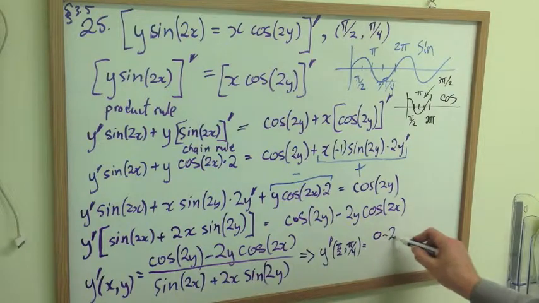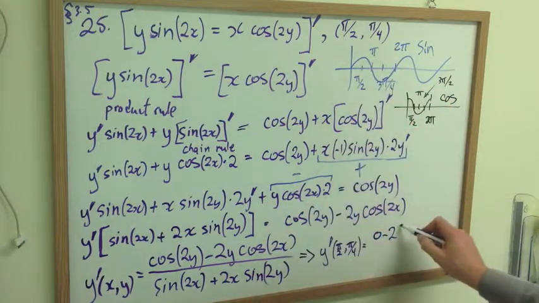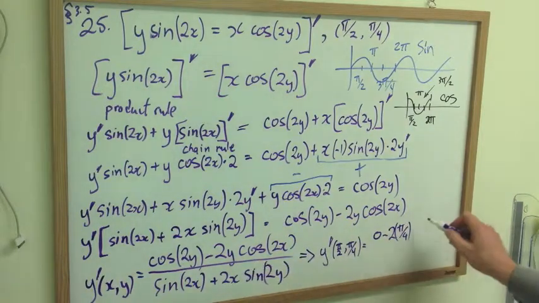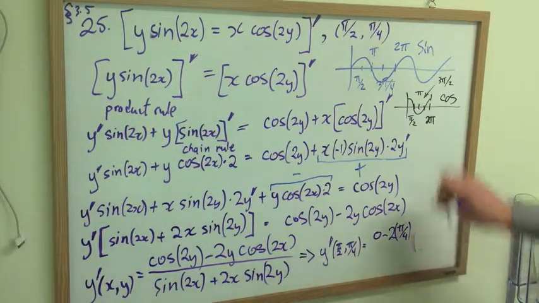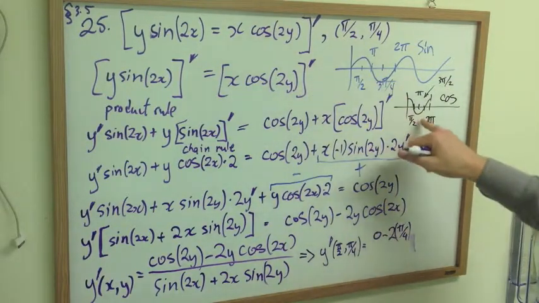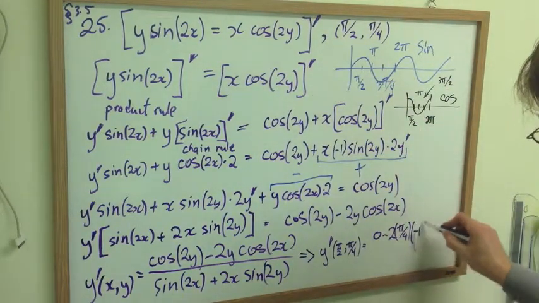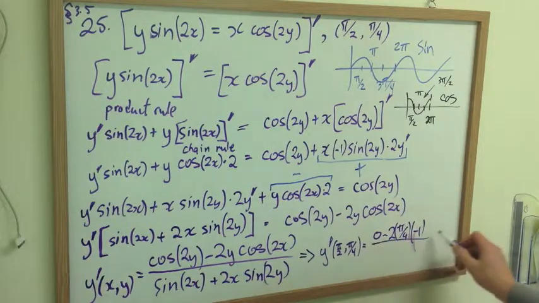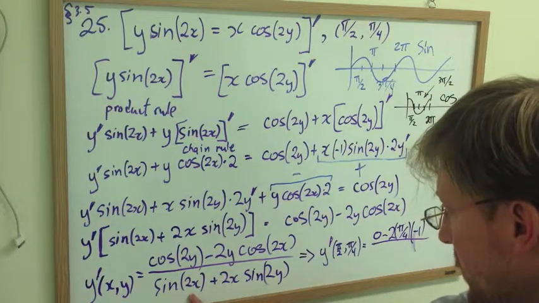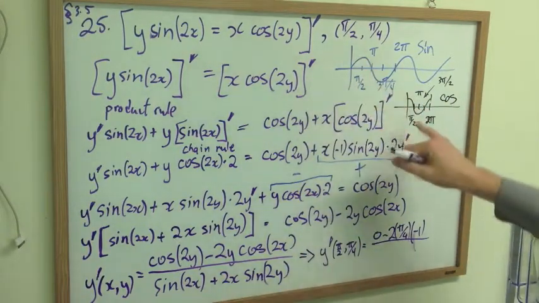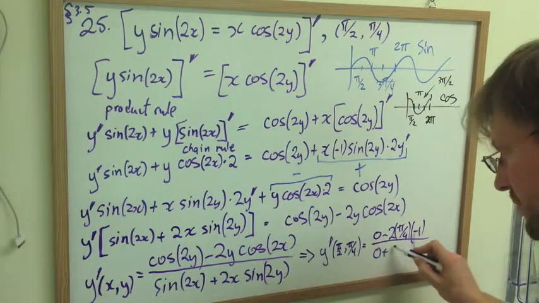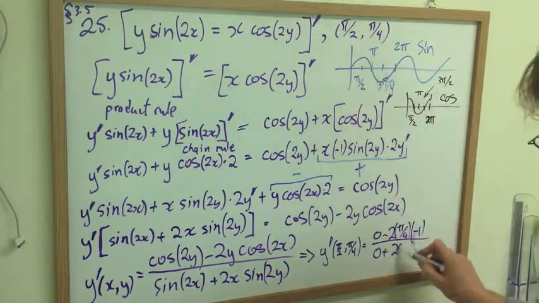Minus 2 times y, y is pi over 4. Cosine of 2x is cosine of 2 times pi over 2, which is pi. Cosine of pi is -1. All over sine of 2x. Sine of 2x is sine of pi. Sine of pi is 0. Plus 2x is pi over 2.